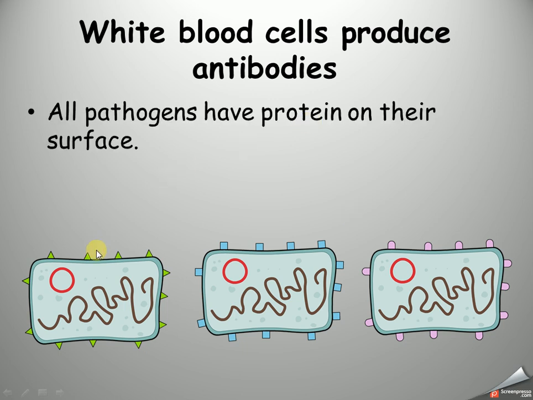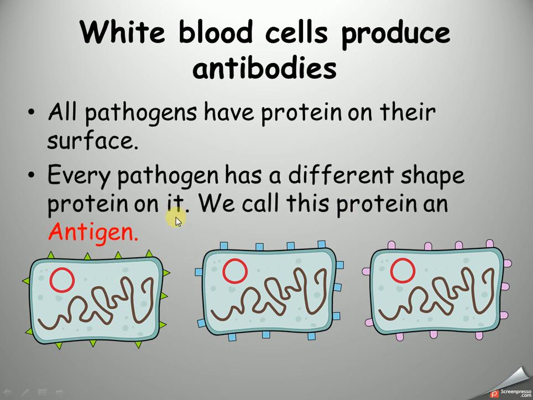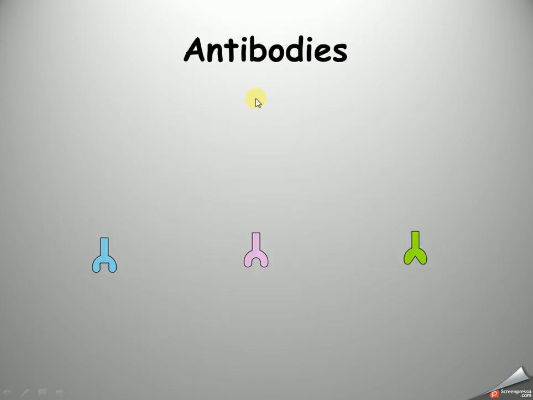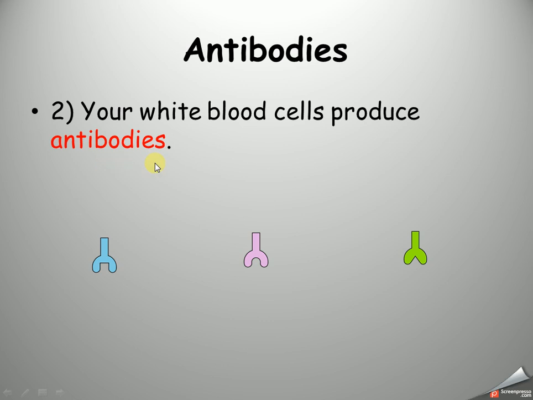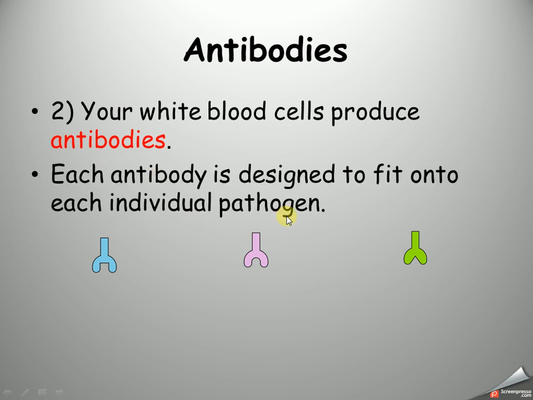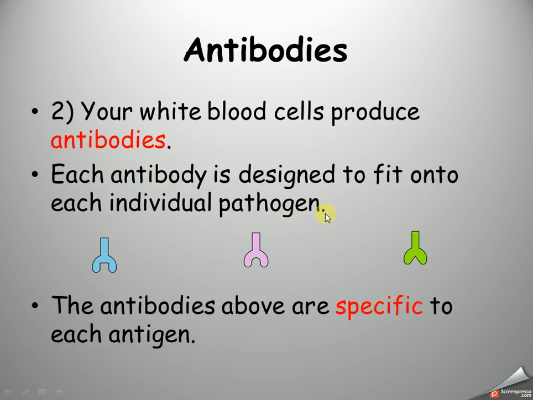Now, remember what I said about how every single different kind of pathogen has antigens on its surface? Well, that's what these things are. They are proteins, and they're all different, aren't they? You can see this one is triangle shaped, you can see it's square shaped, kind of rounded shaped. Okay, and every pathogen has a different protein on it called an antigen. Now, our bodies produce antibodies which will lock onto an individual pathogen, onto the actual antigen.